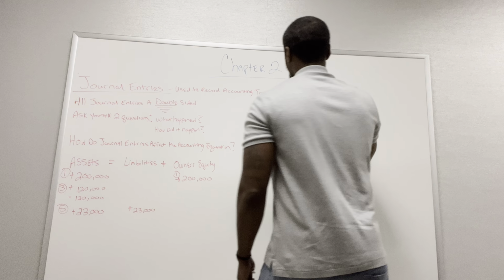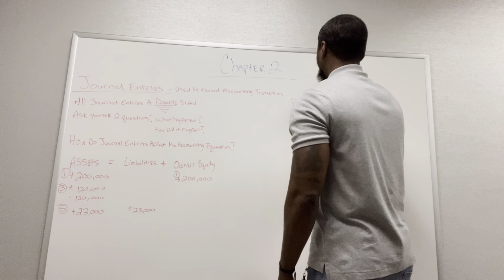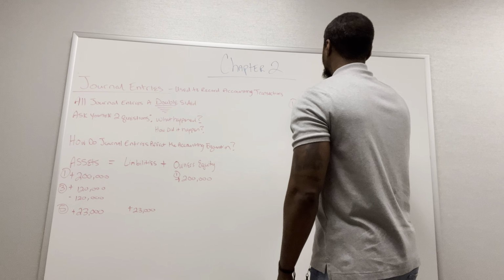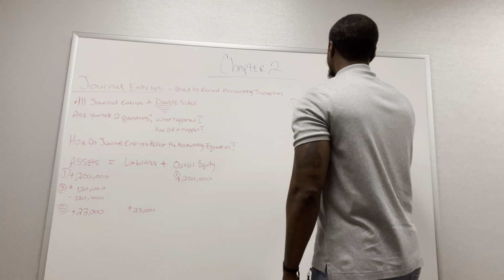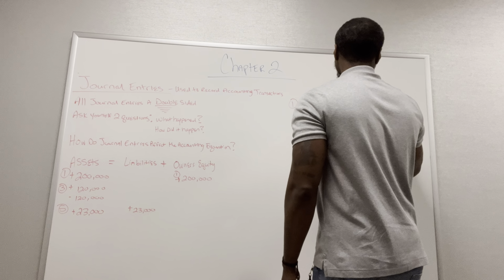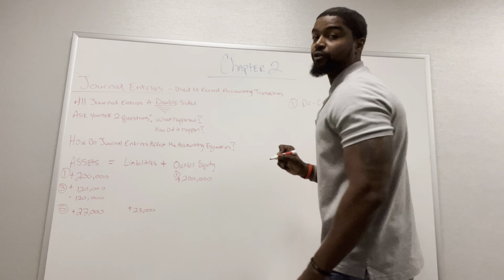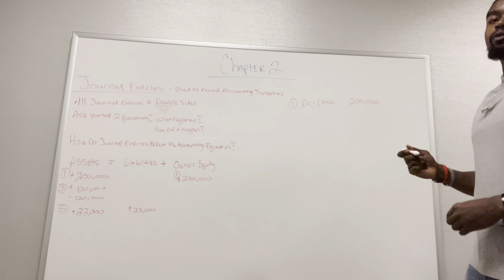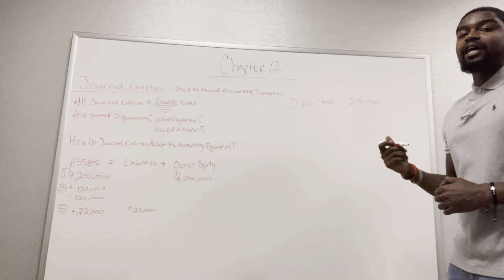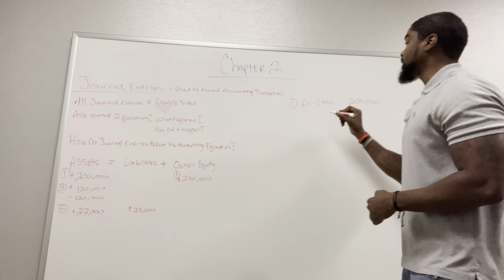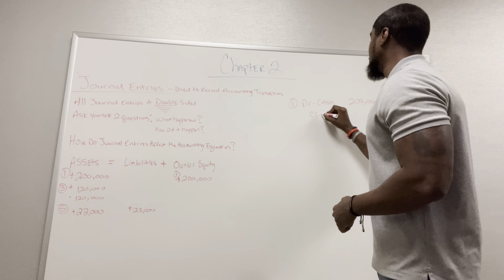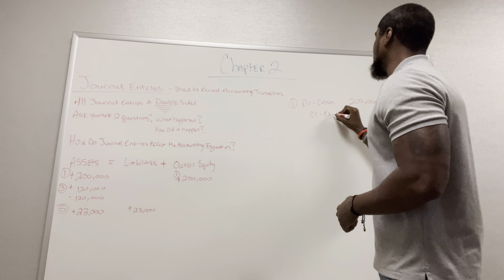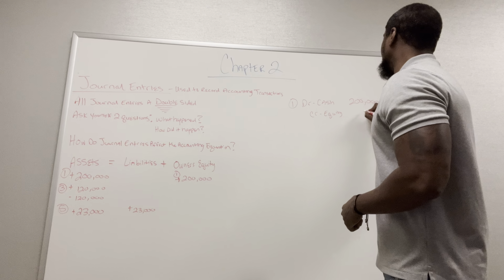So for transaction 1, you would have a debit to cash because you sold common stock to get cash, right? So if you think about it from a company's perspective, when they sell stock, they receive the cash from the individual. So you would debit cash, you would credit equity for 200,000.